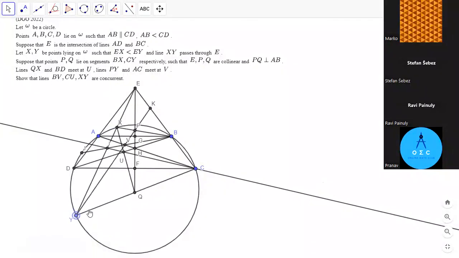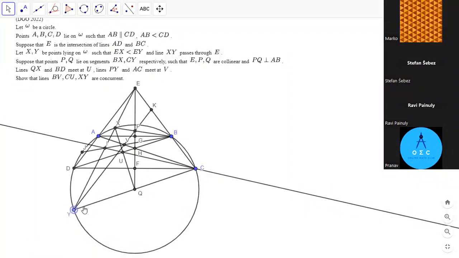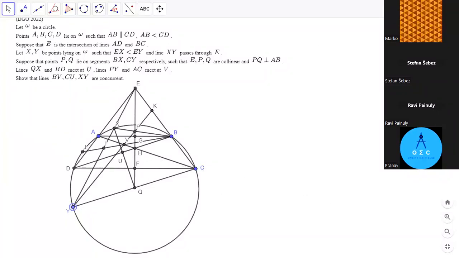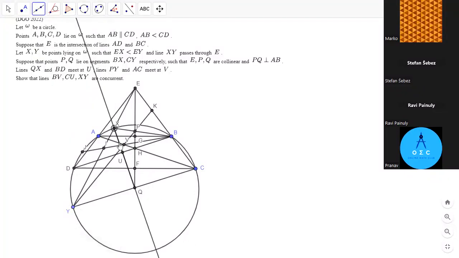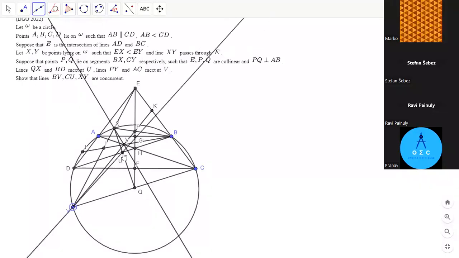CU and I are collinear. Well, we're trying to prove that they're collinear. Yeah, so that's the problem actually. So we have CU and BV. Maybe if we intersect XV and YU, it'll be some kind of special point.